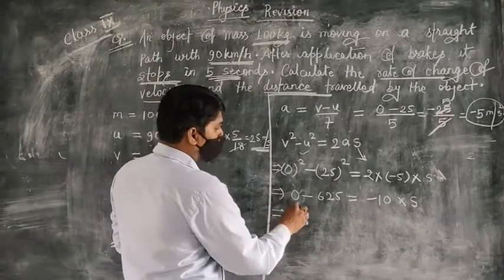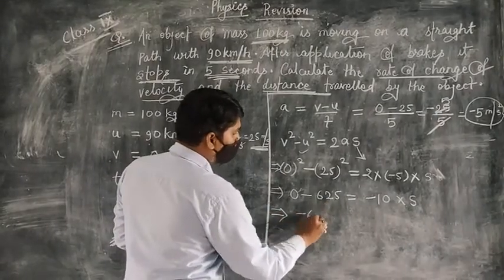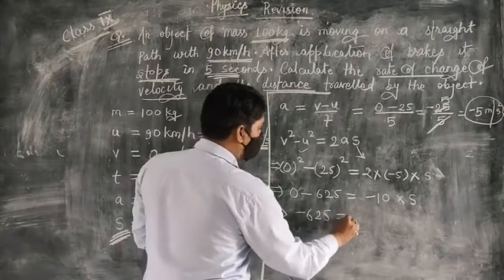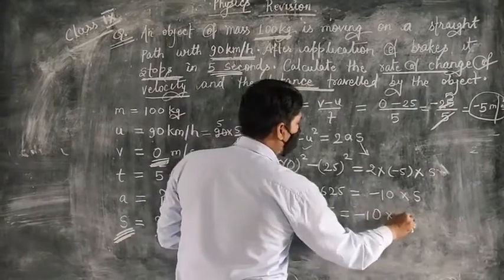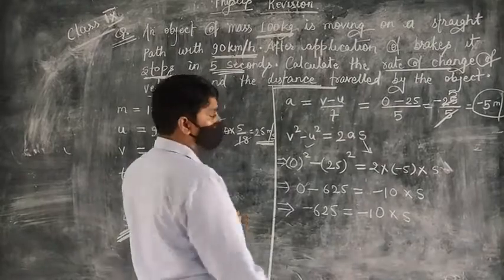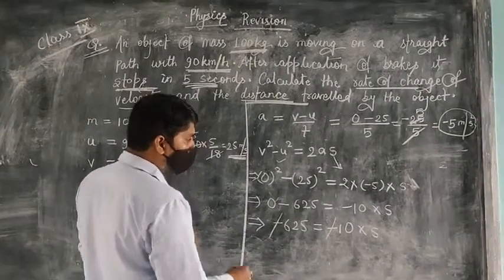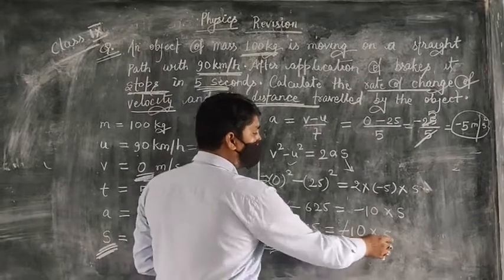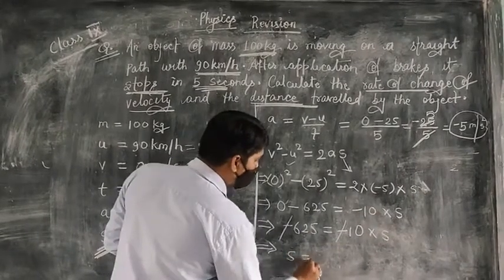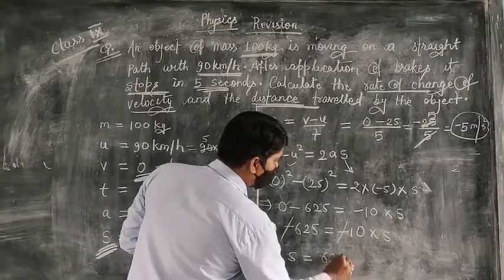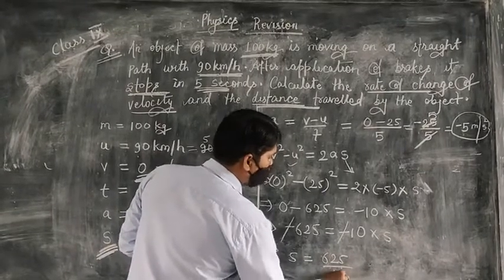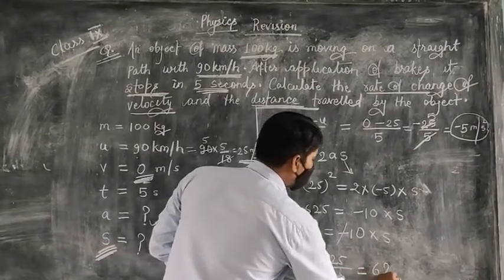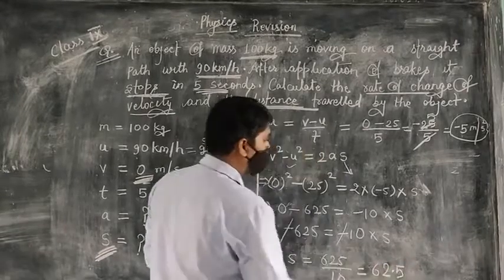Now 0 minus 625 is minus 625, is equal to minus 10 into s. This minus and minus will get cancelled out, leaving behind 625 is equal to 10s. So s is equal to 625 divided by 10, which means 62.5.